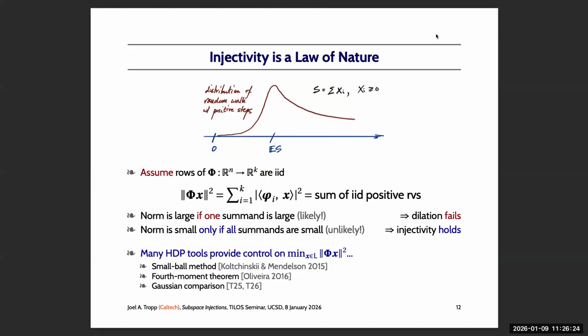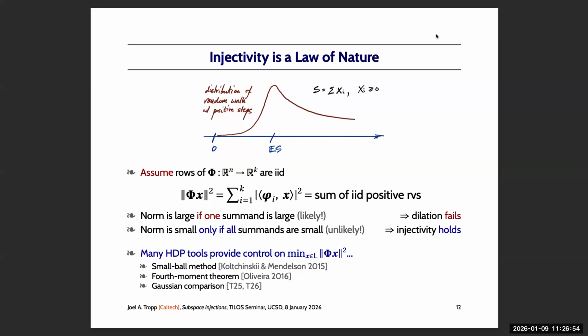So, in fact, injectivity is a law of nature. Let me try and explain why this is true. At a very high level, a random matrix absolutely hates having a null space unless it has to. That's one way of saying this. But here's another way to understand this problem. Assume that the dimension reduction map has IID rows.